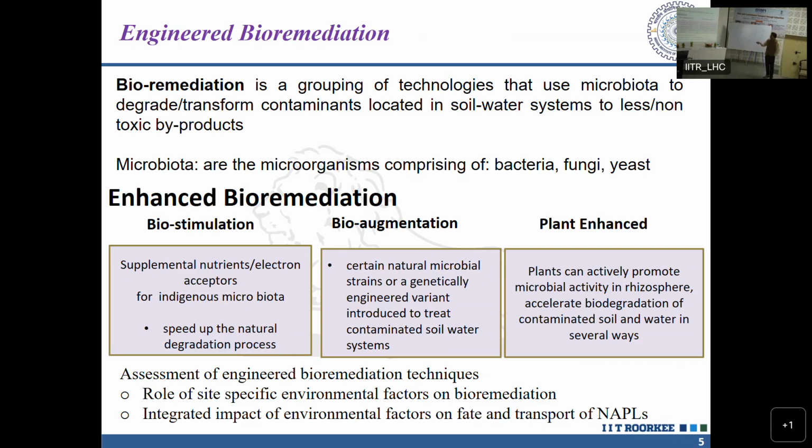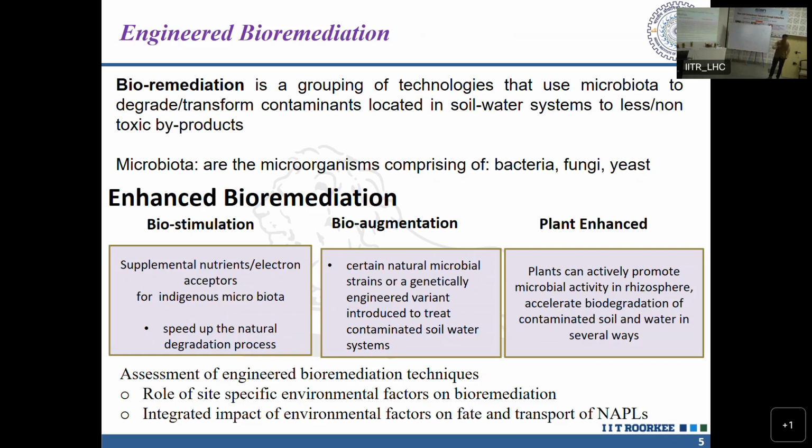Now the question comes: which technology is going to be superior in our Indian condition, for instance? Some people say biostimulation is more effective as compared to bioaugmentation, and others claim that bioaugmentation is going to be more effective. Similarly, some suitable plant species are also used to increase the rate of bioremediation.